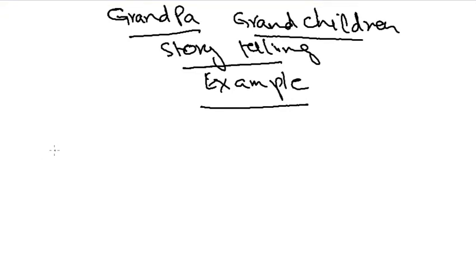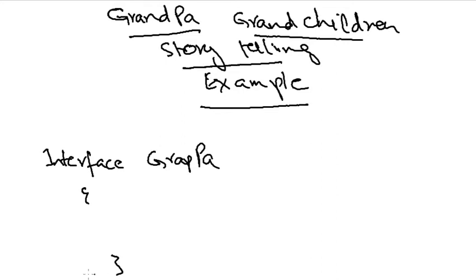First of all, we start with our interface for the subject, the observable thing. We are going to have an interface class, which is going to be the Grandpa interface. This interface will have three functions. One is add kid, where the class is named Kid and its object is k.